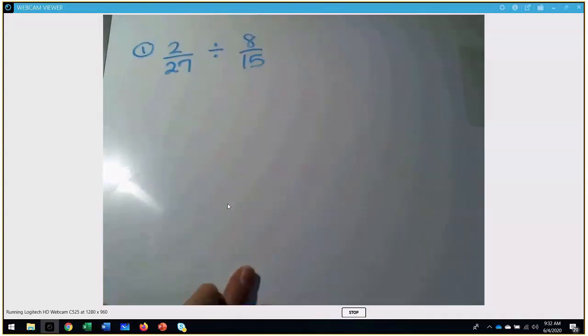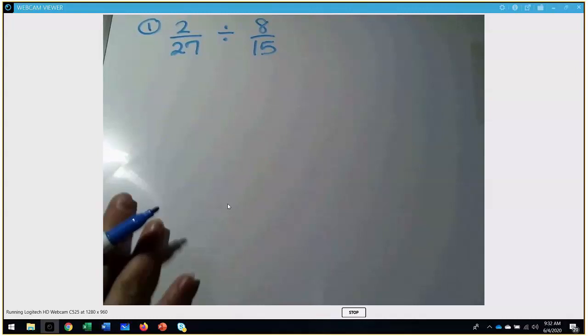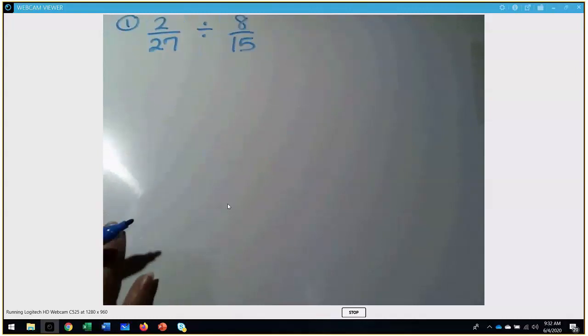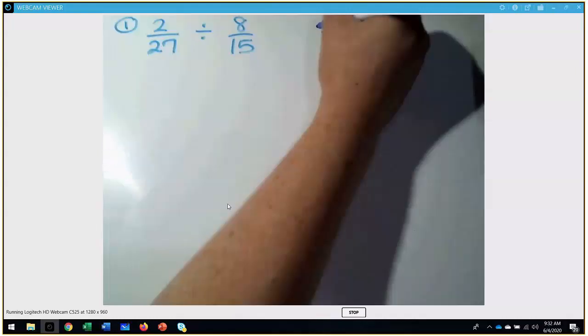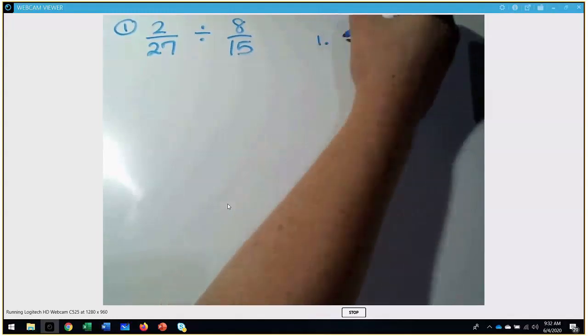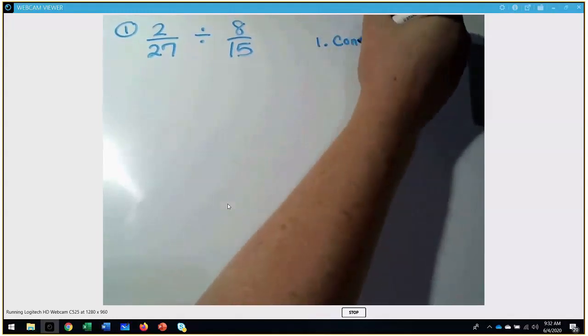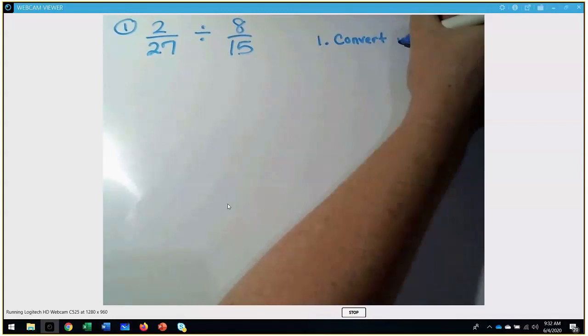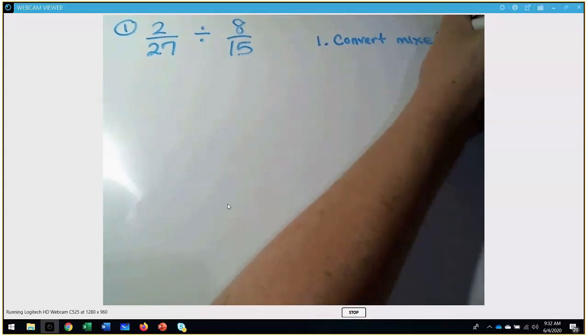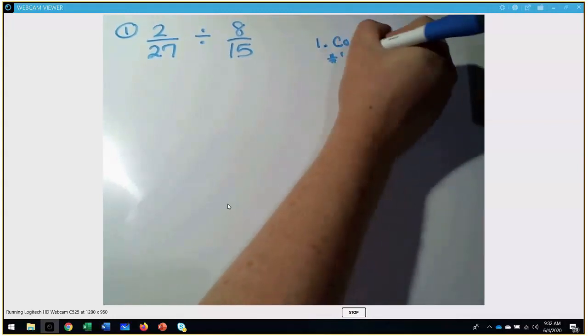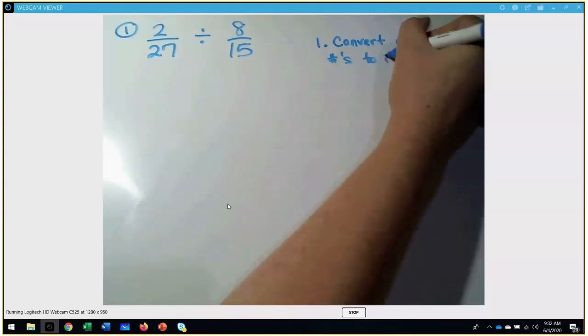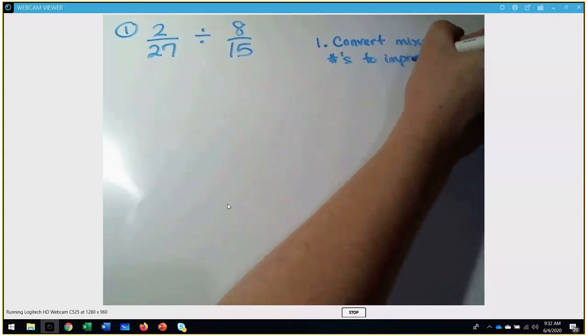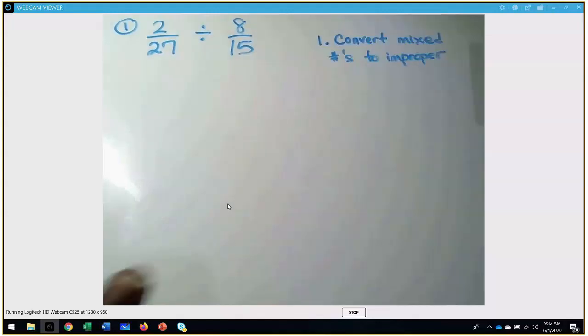Looks like that. All right, so steps to begin are the same as multiplying. You're still going to convert mixed numbers to improper fractions first. We don't have any mixed numbers in this problem, so I'm going to skip that step for now.